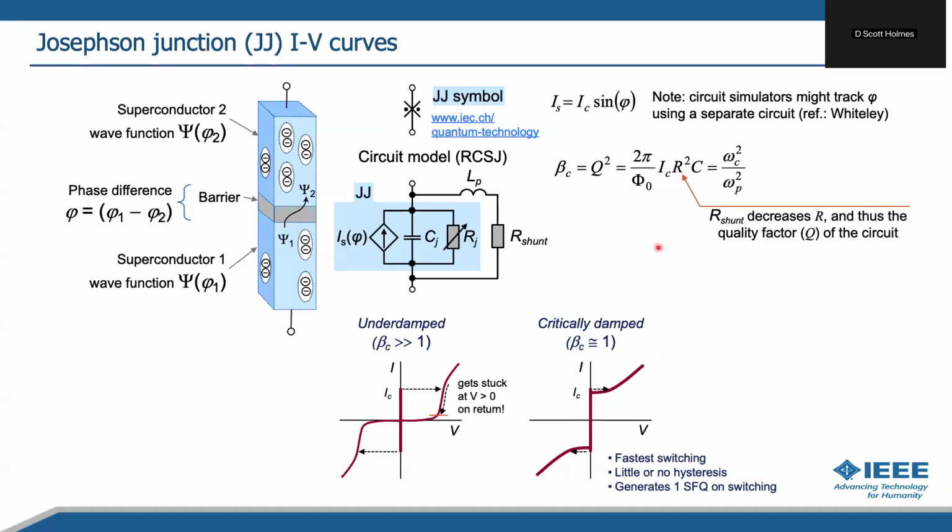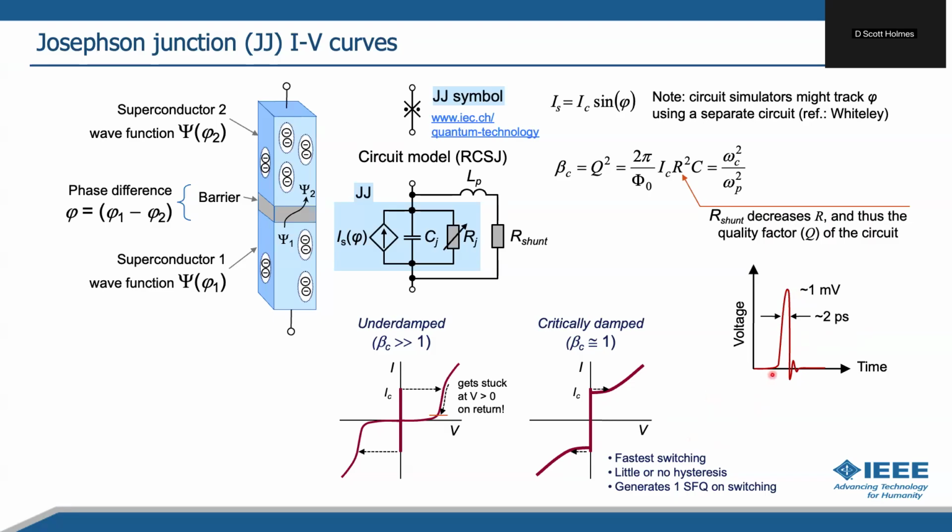So that's a device that we want to use for a switch. And it switches quickly. Depending on how the junction is made and its characteristics, the switching is on the order of a couple of picoseconds and about a millivolt.